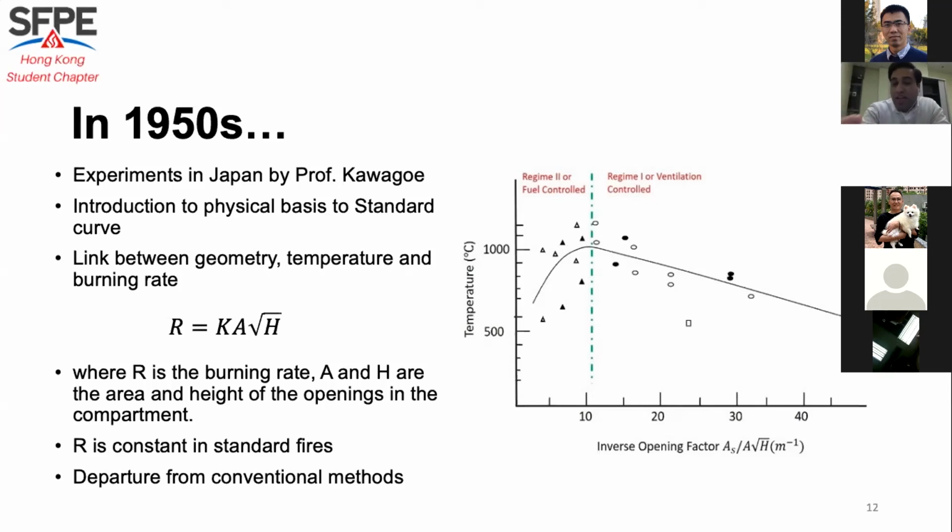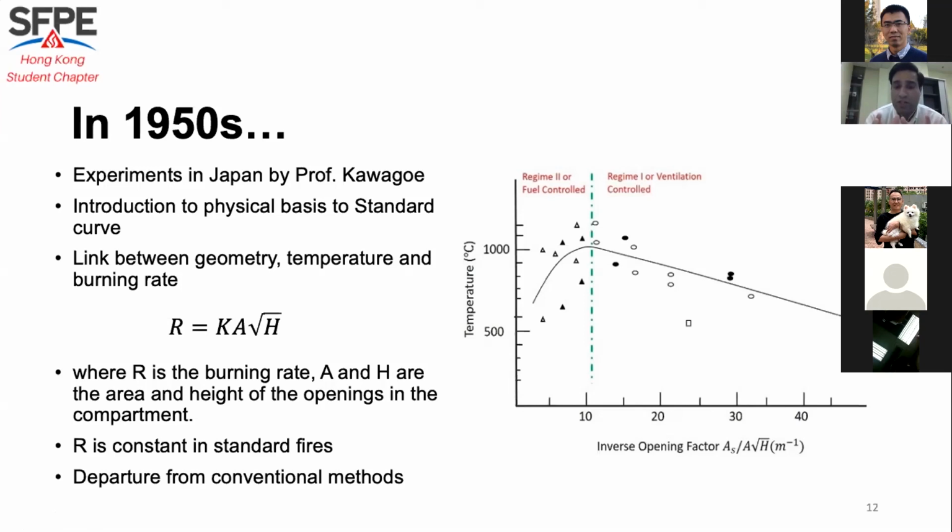He was able to understand that there's a relationship with the geometry of the compartment for the fire, and he produced this correlation where R equals A root H. R is the burning rate. The burning rate is dependent on the area of the opening and the height of the opening.